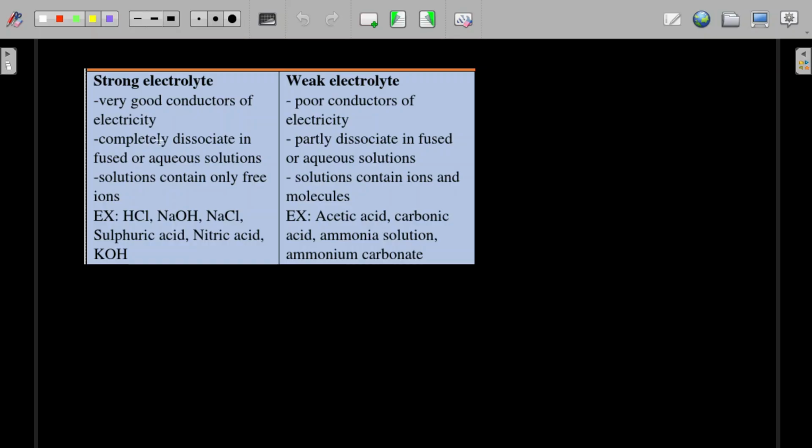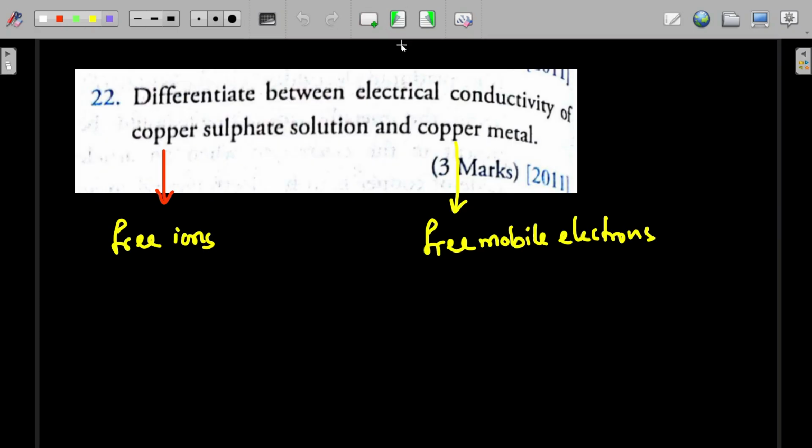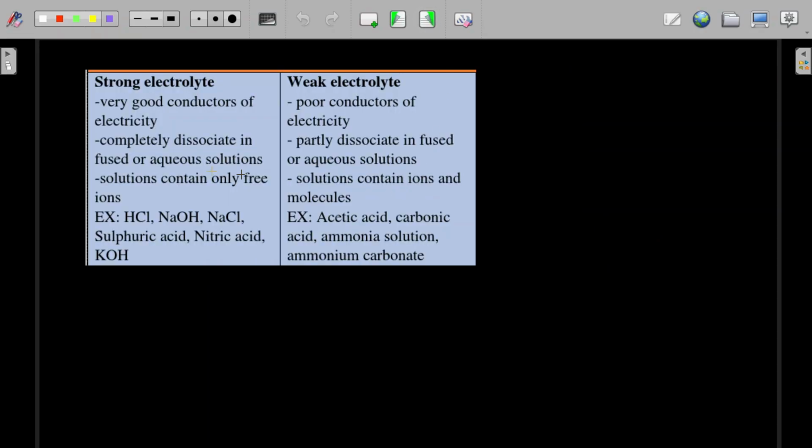Now, under electrolytes, we have two kinds of electrolytes, strong and weak electrolyte. This I have also explained during the acid, bases, salts. Strong acid, weak acid, they all are examples of strong electrolyte and weak electrolyte. Mobile means moving, which are able to move freely.